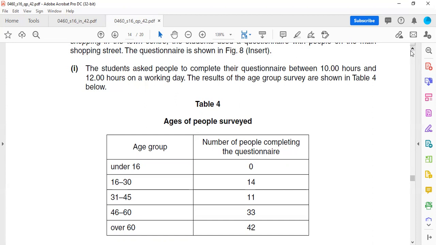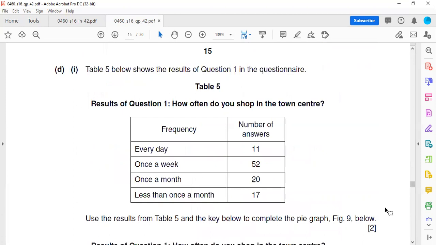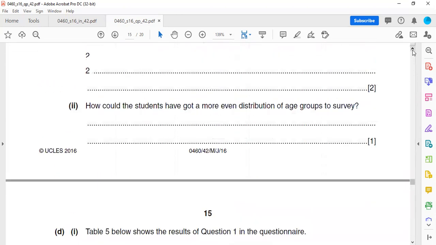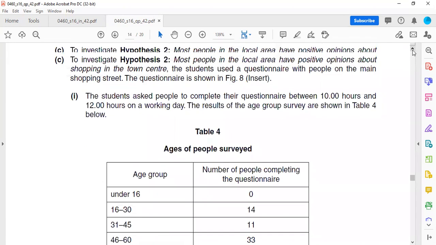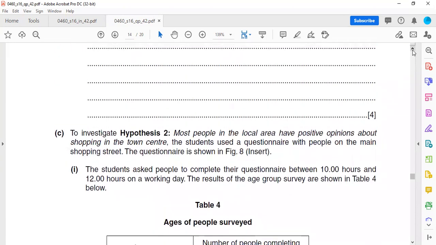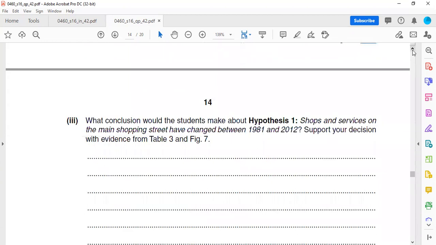Decrease in finance from 9 to 7. Decrease in total number of shops and services from 93 to 82. So that should give you an idea of how to write it. I hope you are getting it. That's basically how you address paper 2. You pick enough statistics, enough figures to support your answer.